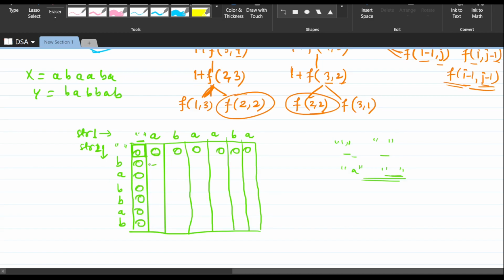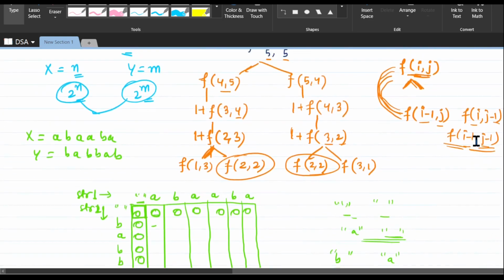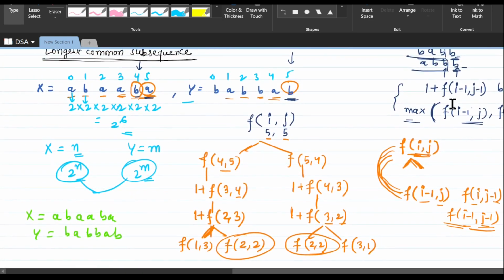And here we will check that our strings are b and a, whether these two letters are equal or not. So these letters are not equal. What we were doing here is, one time I was decrementing i, and another time I was decrementing j.